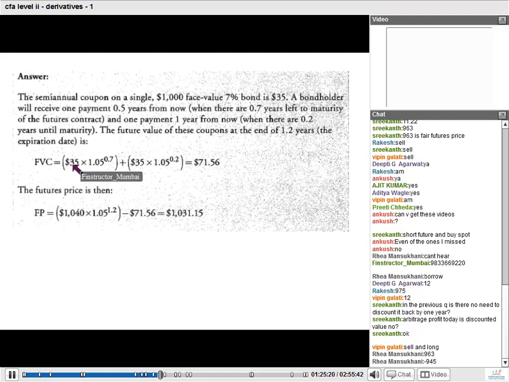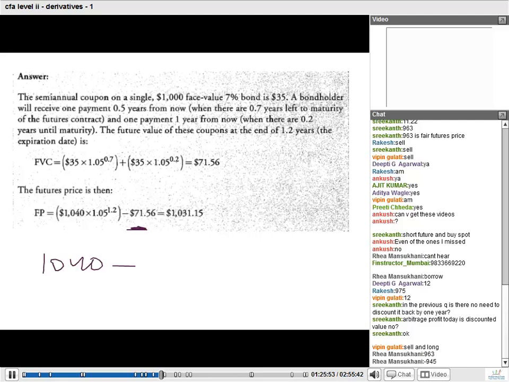So the first coupon is coming 6 months from now, and the second coupon is coming one year later. So it will be 1040. Never mind the explanation above.